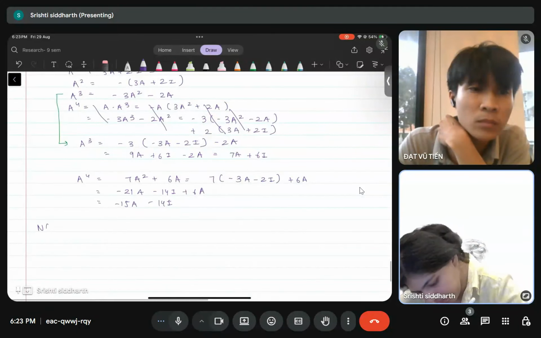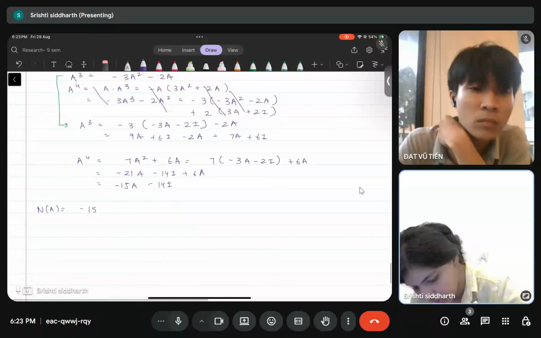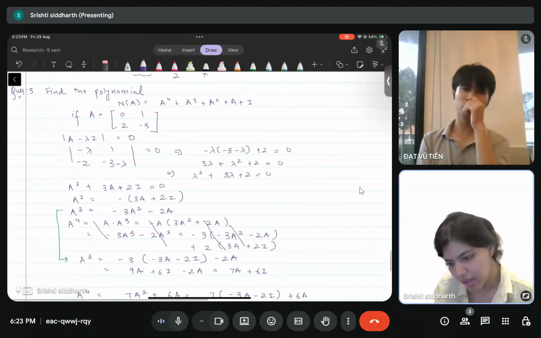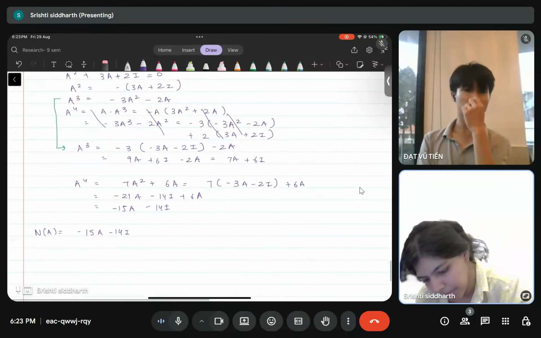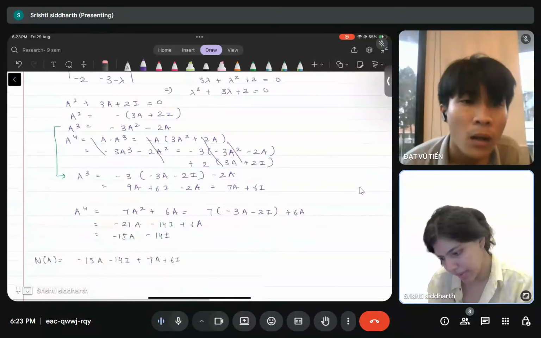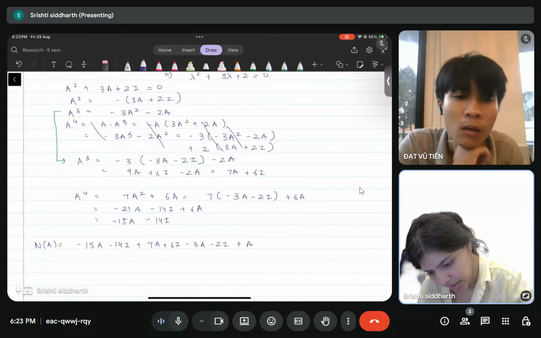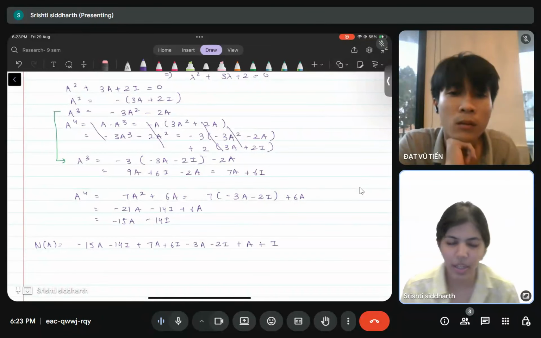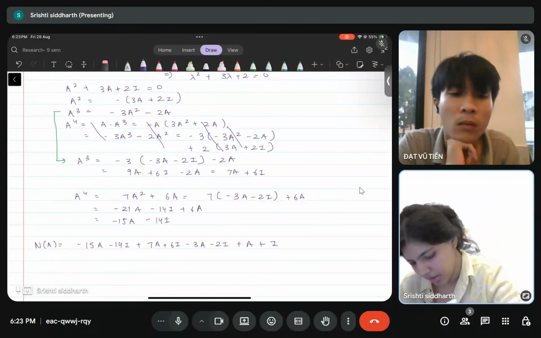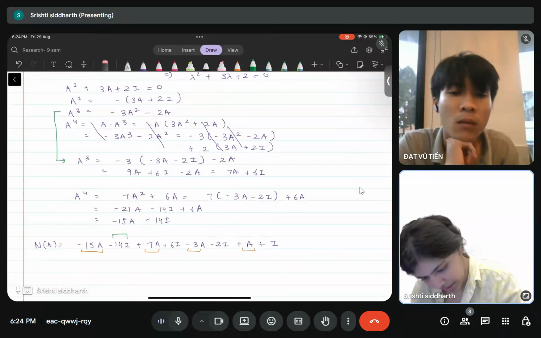This is A to the power 4, that's A cubed, 7A plus 6, right? A squared plus A plus I. So this has become considerably easier to calculate. So let's calculate terms in A. The green ones are identical.